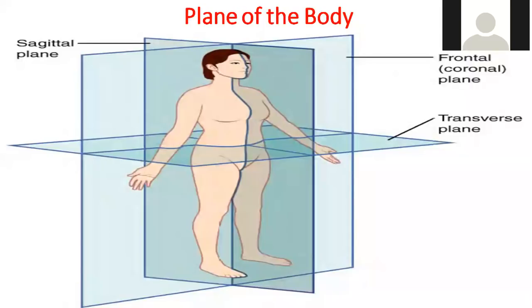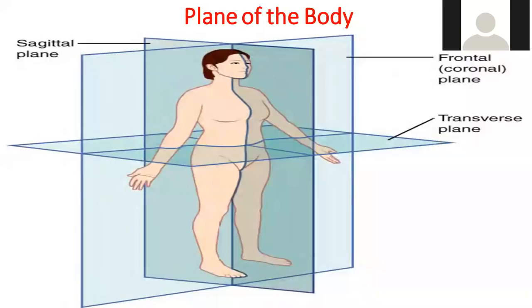Let us proceed as we discuss the planes of the body. From the illustration you have on your screen, basically we have three planes of the body. We have the sagittal plane, the frontal plane, which is otherwise known as the coronal plane, and the transverse plane.